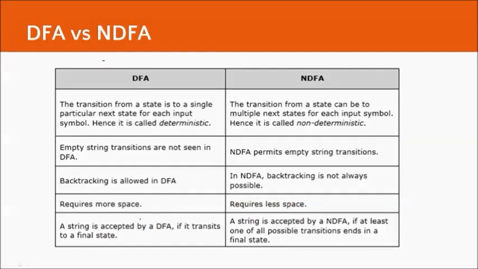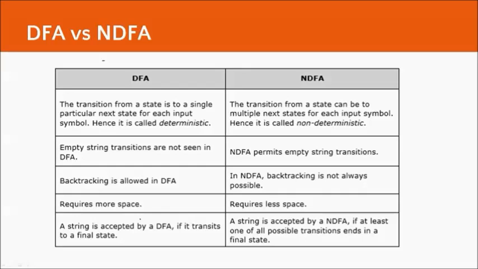So let's try again to compare. Let's try to summarize the DFA versus the NDFA. In the DFA, the transition from a state is to a single particular next state for each input symbol. Hence, this is called deterministic. While in the NDFA, the transition from a state can be to multiple next states for each input symbol. Hence, it is called non-deterministic.